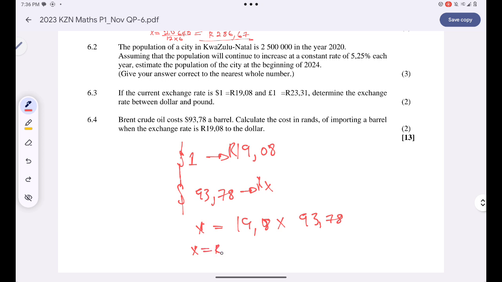X, which represents the amount in rands, is 1,789 and then we have 32 cents. So this amount of dollars is equal to this amount of rands. That's how we could have dealt with question 6.4.